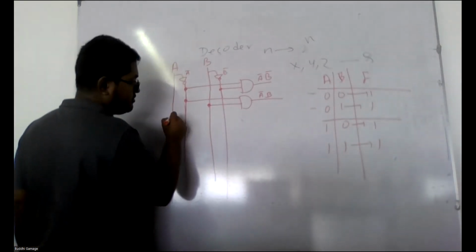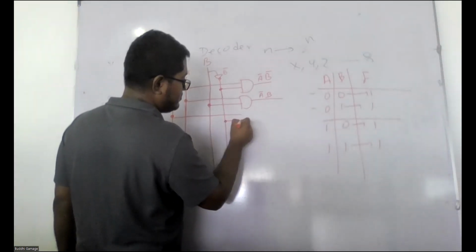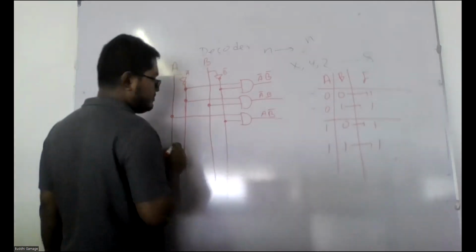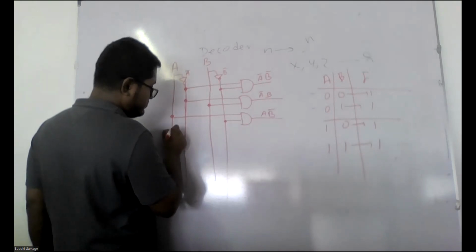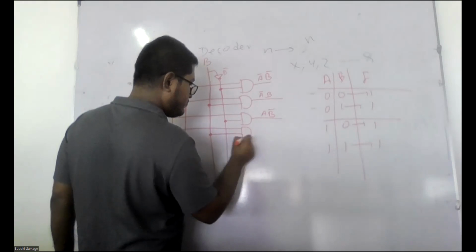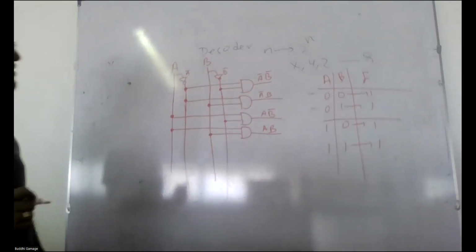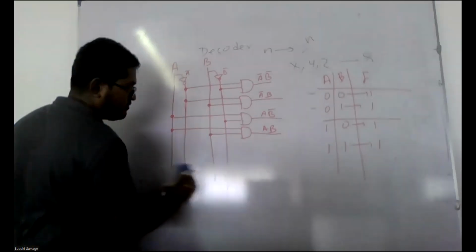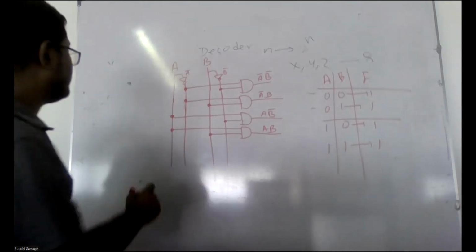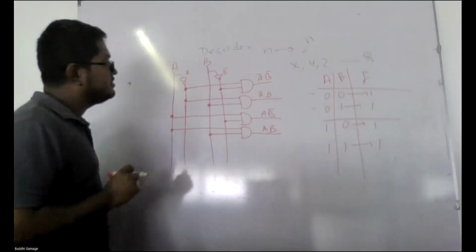Likewise, A, B bar. A, right. There are two inputs, A and B. There are four outputs.